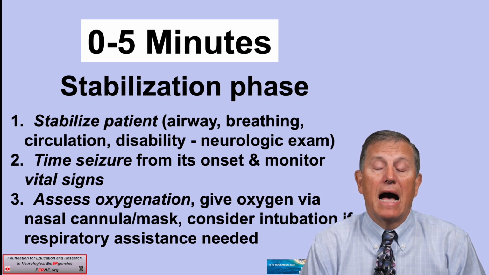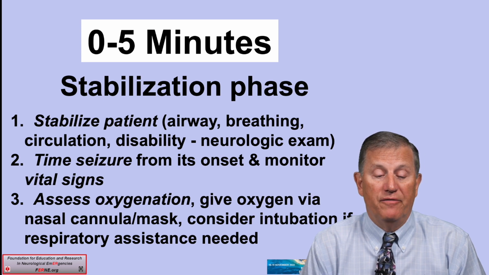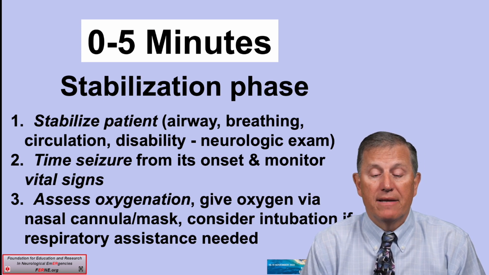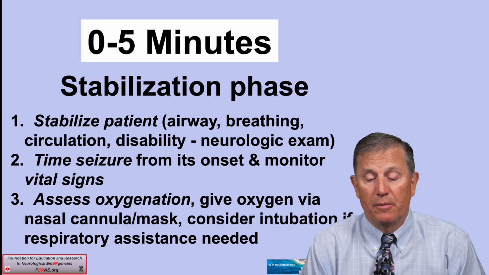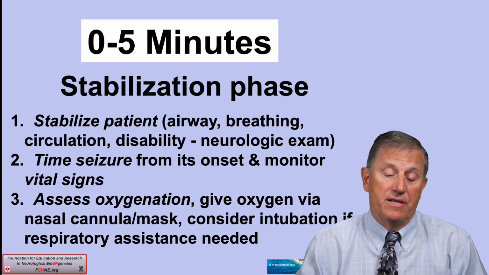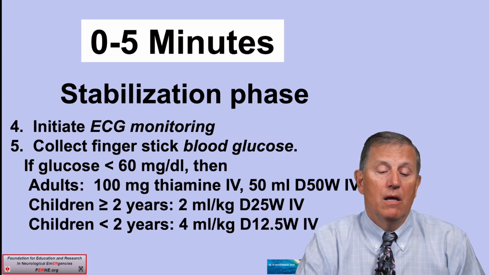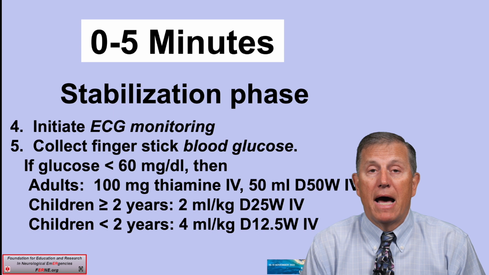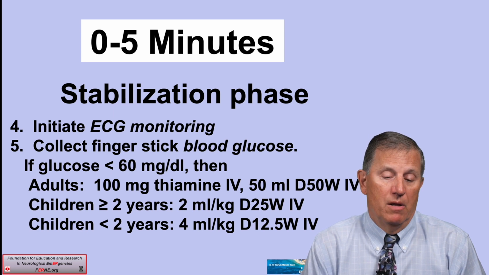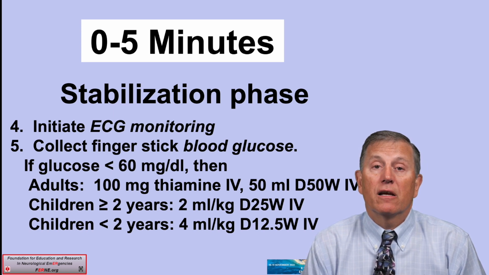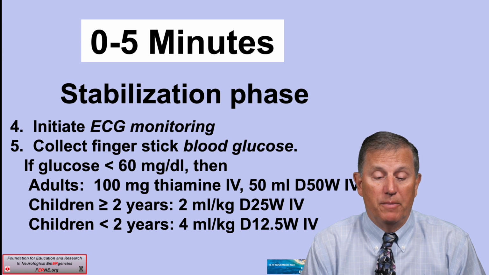Next, assess oxygenation, give oxygen via nasal cannula or mask, and then consider intubation if respiratory assistance is required in order to assure adequate ventilation and oxygenation. Next, ECG monitoring is recommended. Next, a fingerstick blood glucose should be determined.